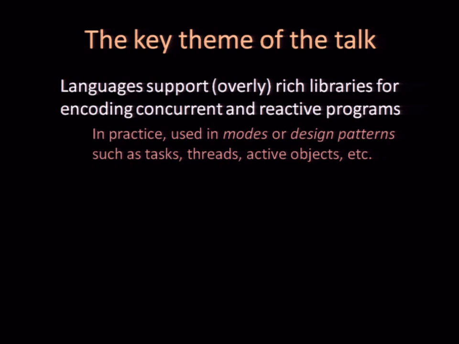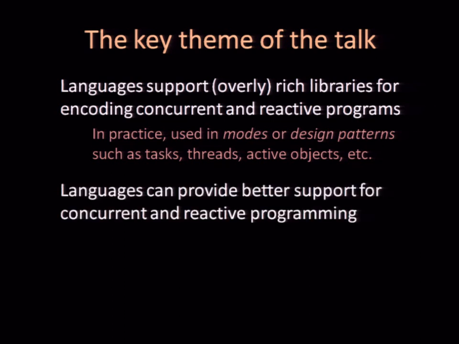And the interesting thing is that for both reactive and concurrent programming, there are so many libraries that you can use from languages, but it's difficult because you usually want to use them in some mode. When you have too many libraries, it's difficult to select what you want to avoid using. So I think that languages can help with that.